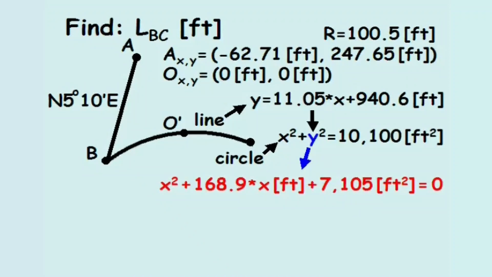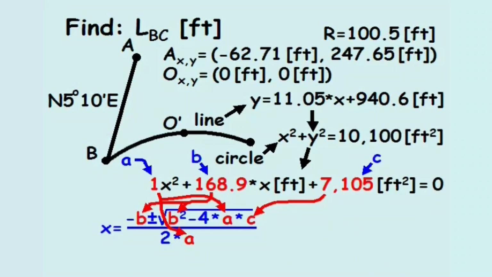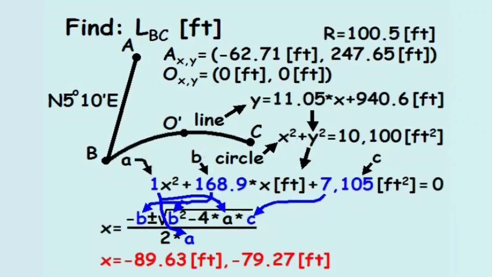Now we can solve for x using the quadratic equation, where coefficients a, b, and c are 1, 168.9, and 7,105. x equals negative 89.63 feet and negative 79.27 feet.